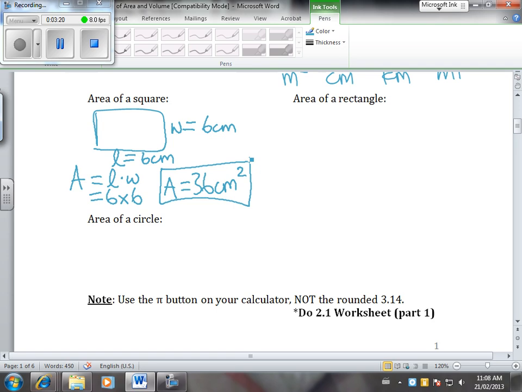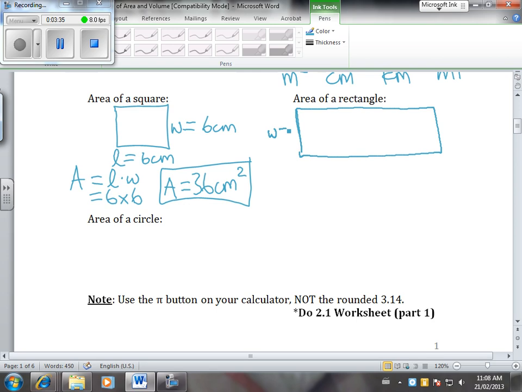And for a rectangle, and I'm sorry, my square didn't look very square. I'll try to draw it better. That's a little bit better. Now for my rectangle, if my width is 5 meters and my length is 8 meters, what is my area?